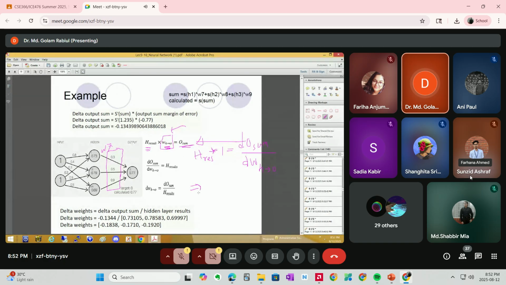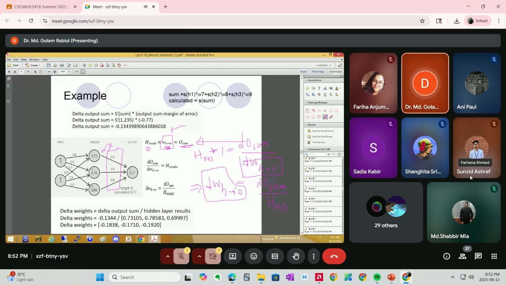From here, we can find out that delta WHO equals delta output sum divided by hidden layer results. So this is the delta WHO. It means the rate of change of W, the hidden to output layer weights.